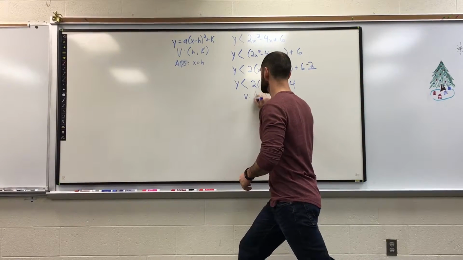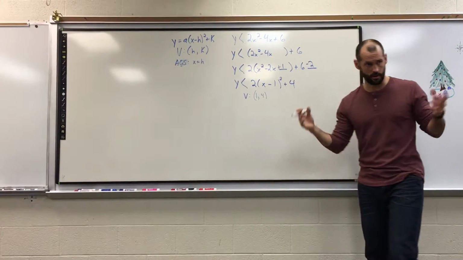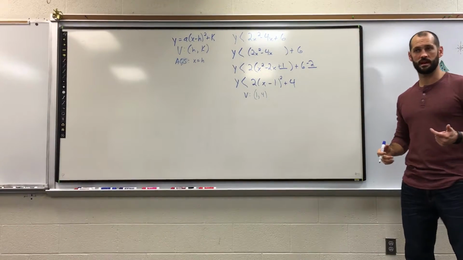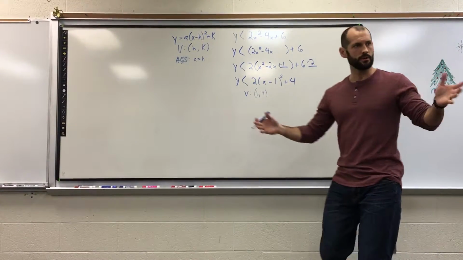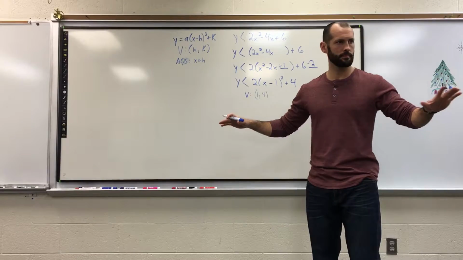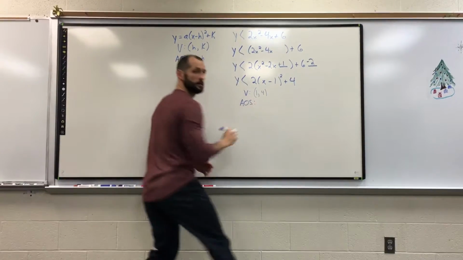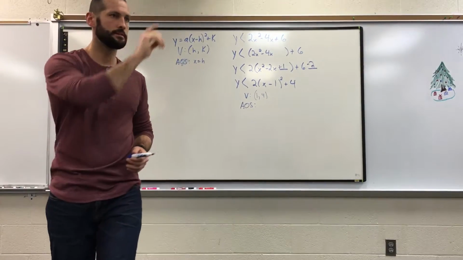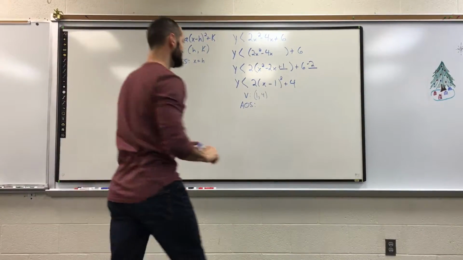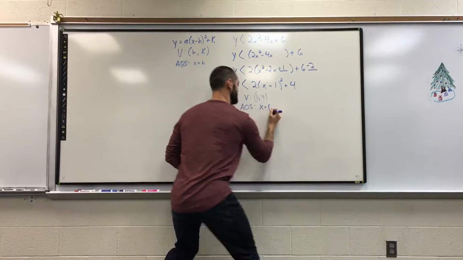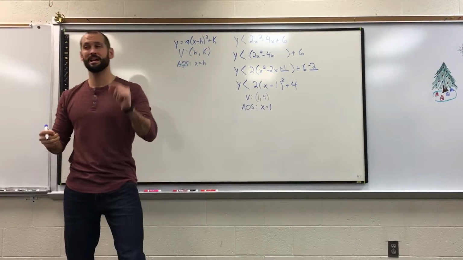Yes, because h is opposite, k is okay. Remember we learned that over and over. H is opposite, k is okay. Are we okay? Everybody with me here? AOS. You better say it right. Beautiful. X equals 1. It is not a number, it is a line.